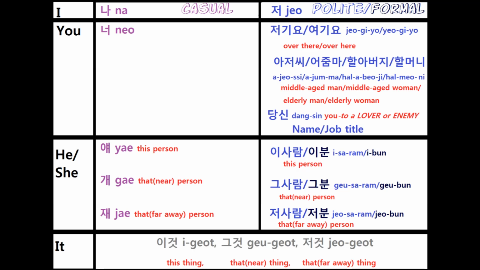To say this person and that person politely, it is 이 사람, 그 사람, 저 사람. To say this person and that person more formally, 이분, 그분, 저분. To say it, you say this thing, 이것, that thing nearby, 그것, that thing far away, 저것.